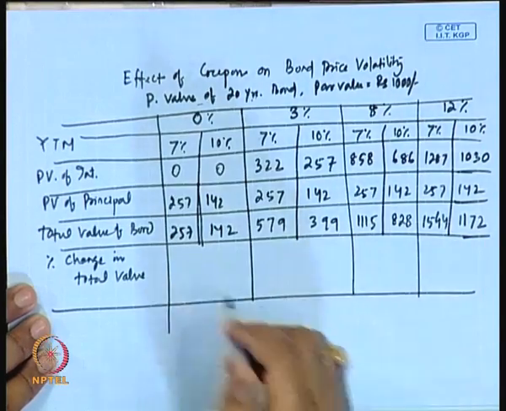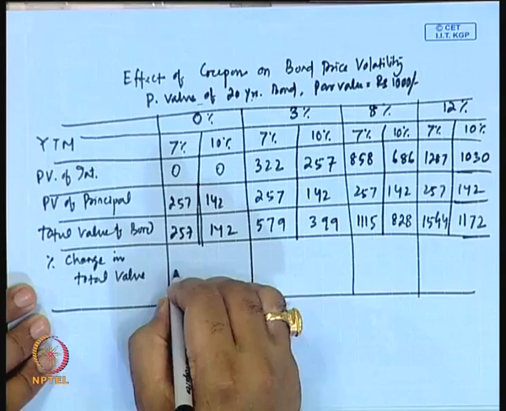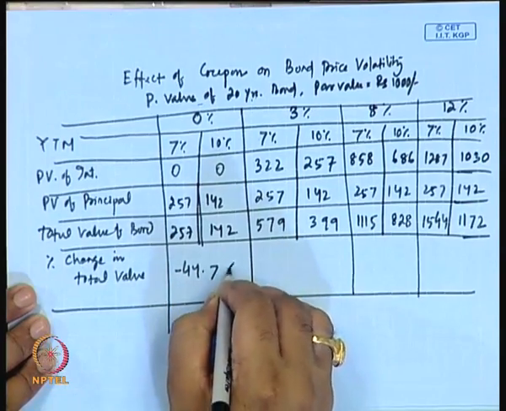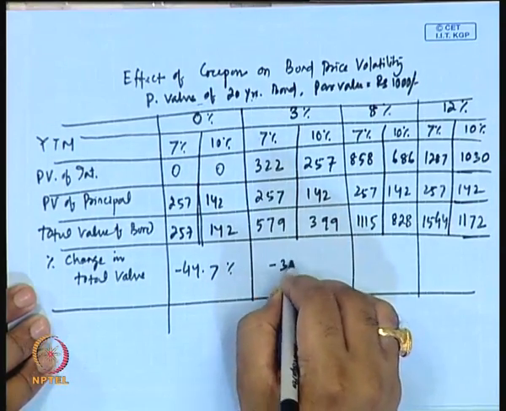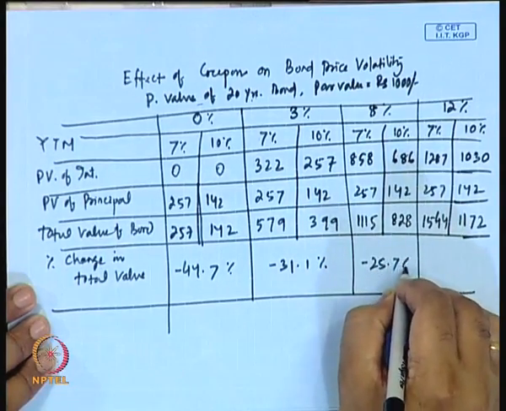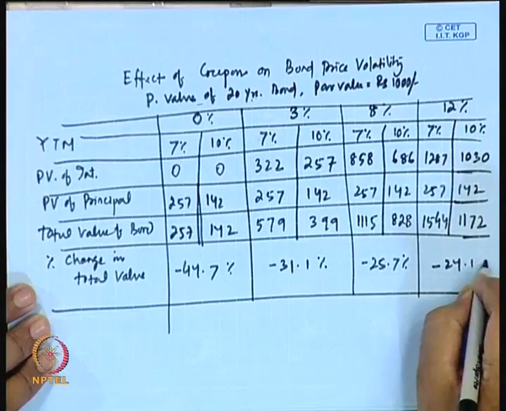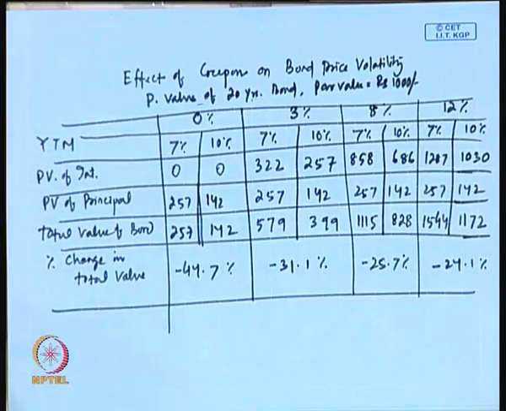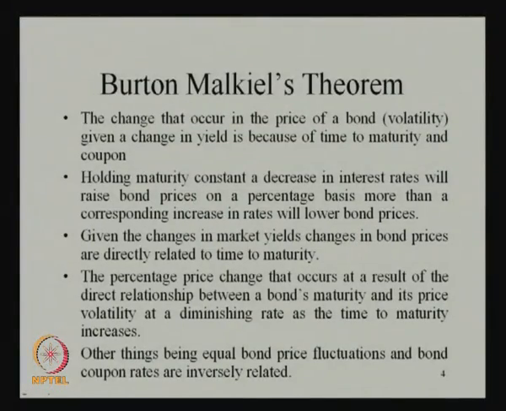Okay. Then if you see the change, it is minus 44.7%, this will be minus 31.1%, minus 25.7%, minus 24.1%.